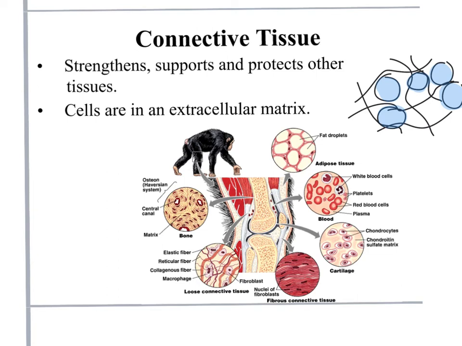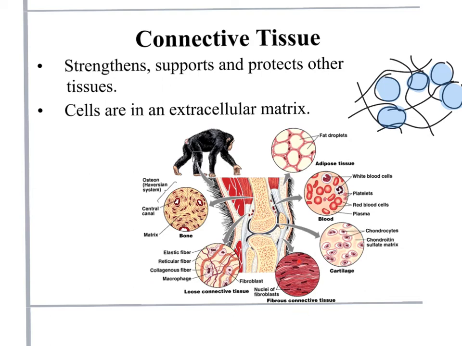We have a few different types of connective tissues you should know about. The first is bone. We also have loose connective tissue and fibrous connective tissue. The main difference is what they're composed of. So here you can see loose connective tissue is composed of elastic fiber, reticular fiber, collagenous fiber, and macrophages, whereas fibrous connective tissue is mostly composed of collagen.